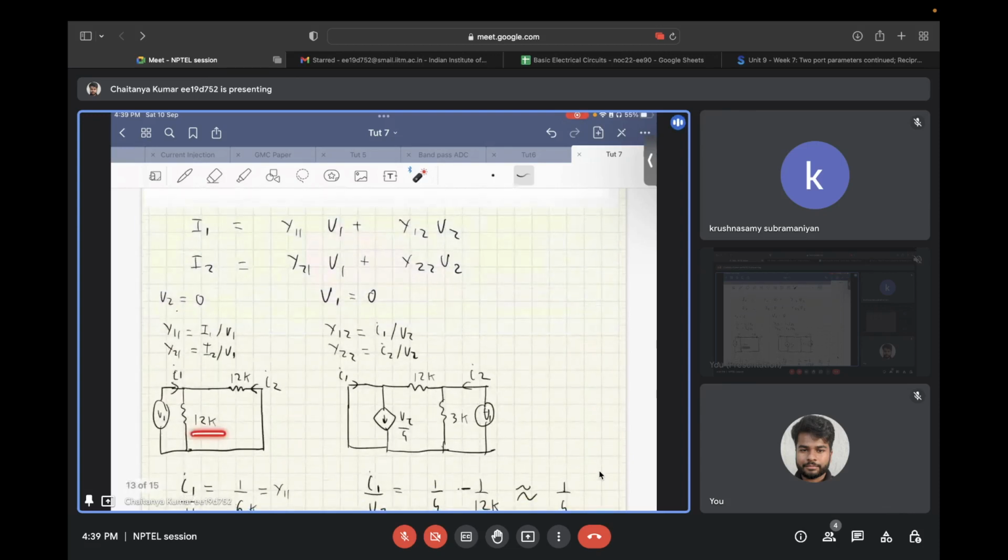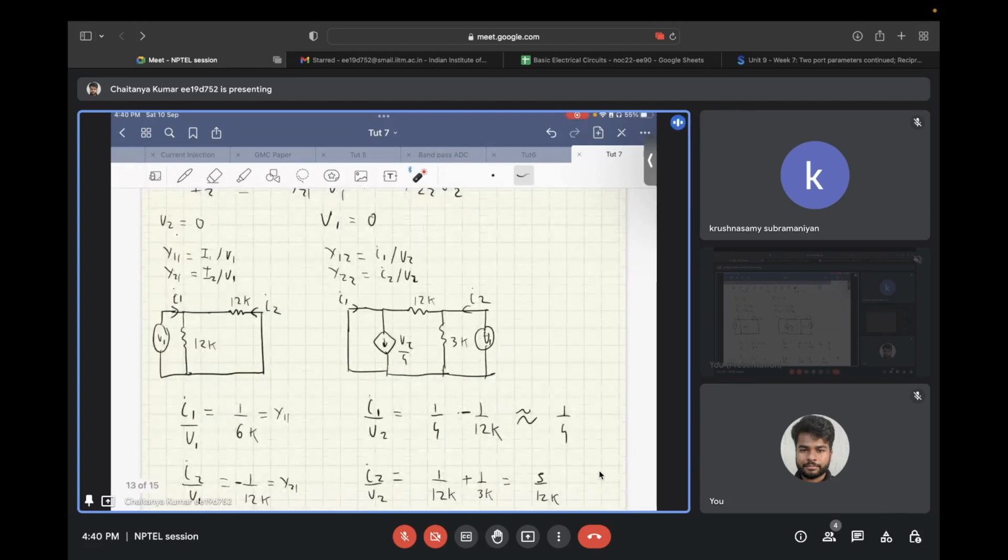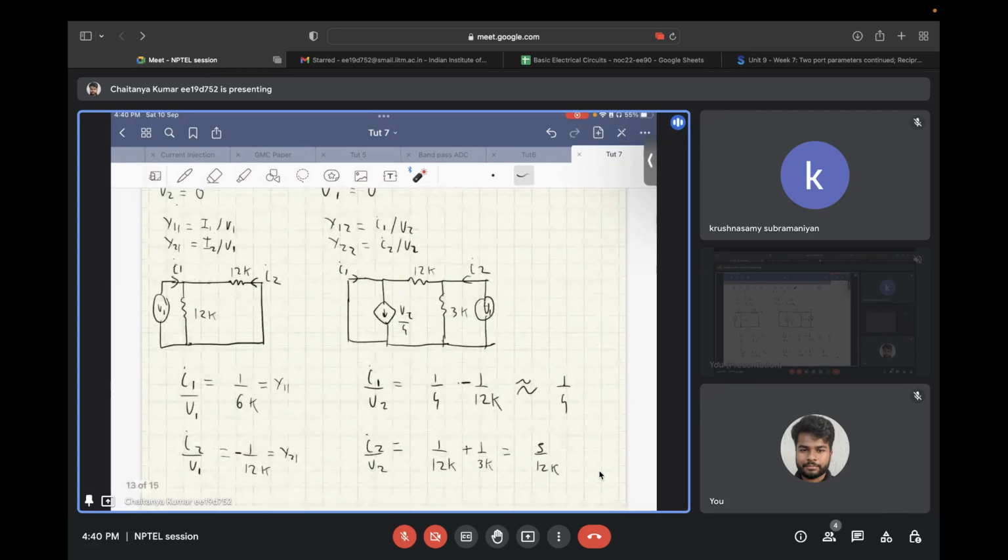So we have two 12 kilo ohm branches in parallel, and I1 by V1, the current flowing directly from this voltage source, is 1 by 6 kilo ohms, that is Y11. I2 by V1 is the current that flows in this branch in the opposite direction of what we consider as I2, so we get a negative sign: minus 1 by 12 kilo ohms.